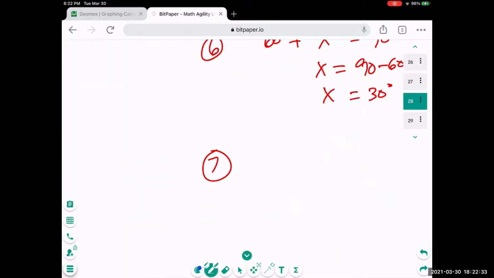Question number 7 says, in the figure below, the set of complementary angles is, okay, so let's try to redraw this.